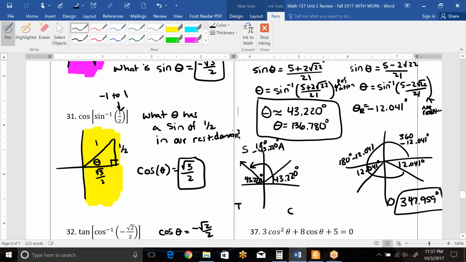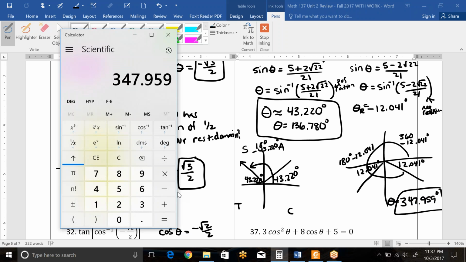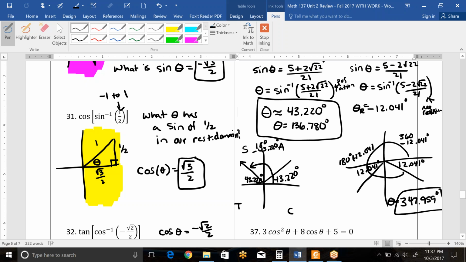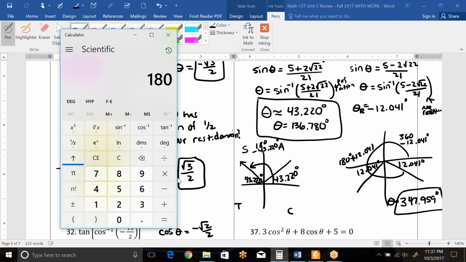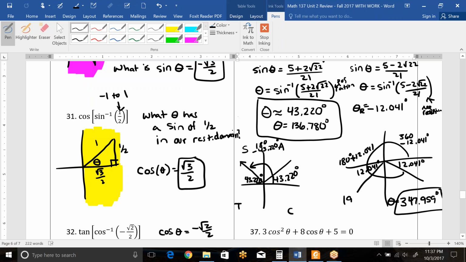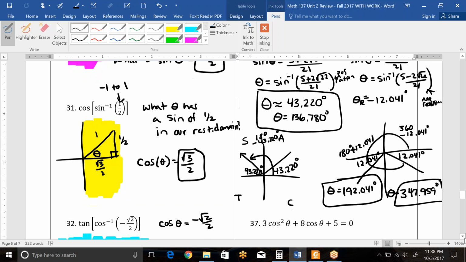So there's another theta. And 180 plus 12.041 is 192.041. Remember, whatever the sign is for that ratio, whether it's a positive fraction or a negative fraction overall, you have to work that decimal out. That will help you know what quadrants you should be drawing your pictures in.